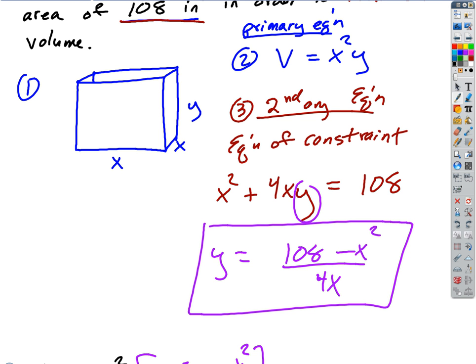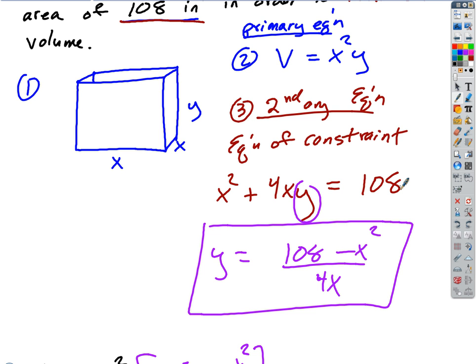Eventually, when y goes to 0, that just means that all of the surface area is invested in the base of this thing. Does that make sense? Okay, what is our surface area? 108, right? Now that would make a lot of sense if we're trying to maximize volume. What's the volume actually going to be when y goes to 0? It's going to be 0, isn't it? So that's not going to be our maximum for sure.